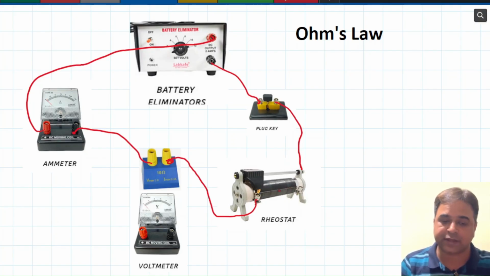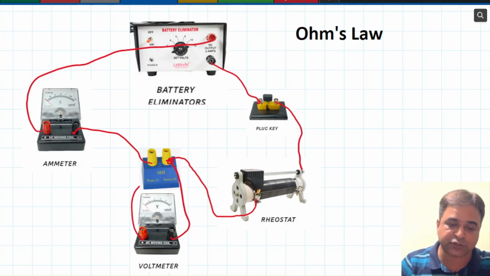But if you see this voltmeter, this voltmeter is connected parallel to this resistance. You can see here both the terminals of this voltmeter are connected with this. So here we can say they are parallel to each other.